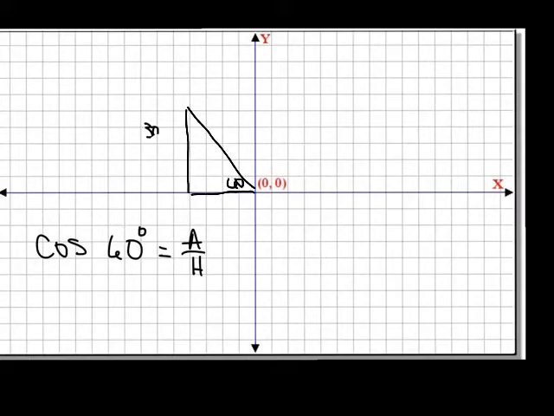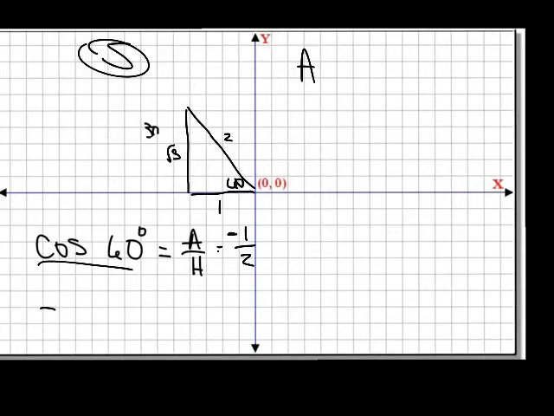Okay, so cosine of 60 is adjacent over hypotenuse. Well, that's 1, that's 2, that's square root of 3. So my cosine is going to be adjacent over hypotenuse, which is 1/2. And I'm in the second quadrant, all students, so sine is positive in there, so cosine has to be negative, so I get negative 1/2 for the cosine of 60, which is the same as the cosine of negative 240.